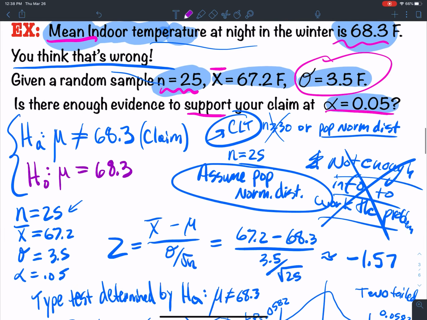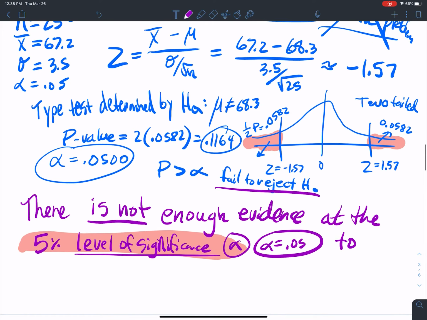Okay, and then do I support or reject? Well, which one is the claim? The claim is the HA. So the only thing I can do with the HA is support. To support the claim. What's the claim?